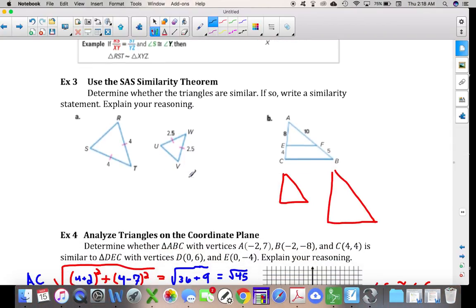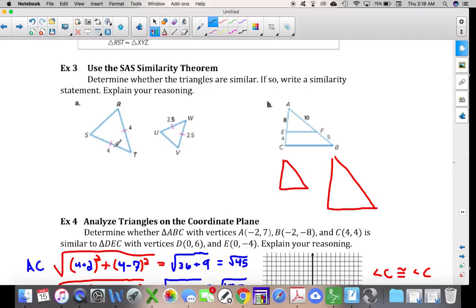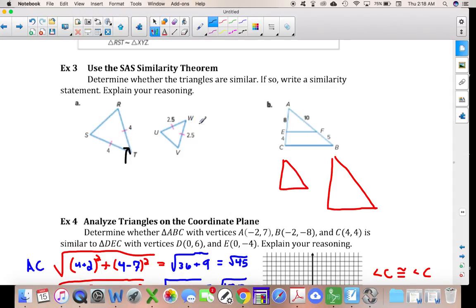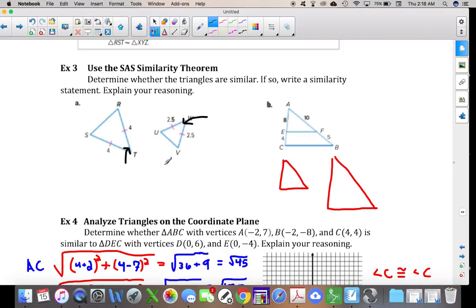So down here they're having us test this side angle side. So we have this side, and the angle, this is the most important part, the angle has to be the one in between the two sides that they give you. So T and W, they don't tell us in part A that T and W are exactly the same.